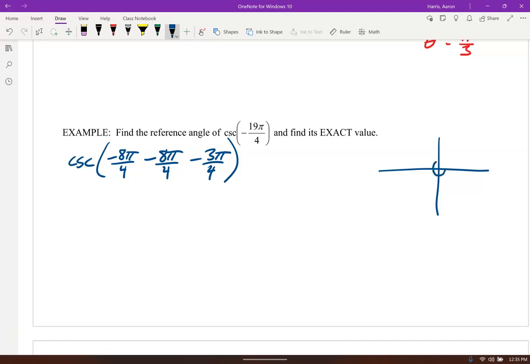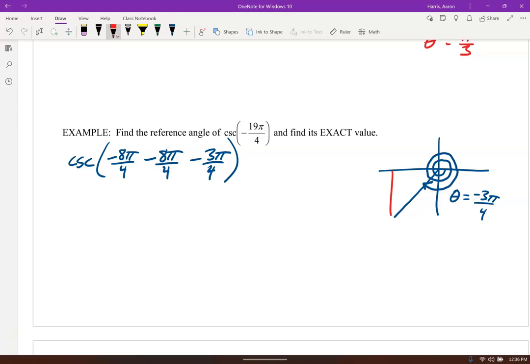So here's once around negative, twice around negative, 3 pi fourths, which is like 135 degrees, by the way, negative 135. That's right there. So negative 19 pi fourths is the same spot as negative 3 pi fourths.